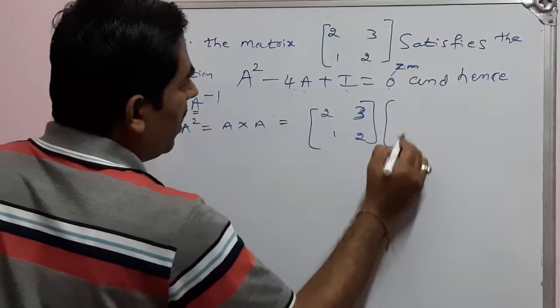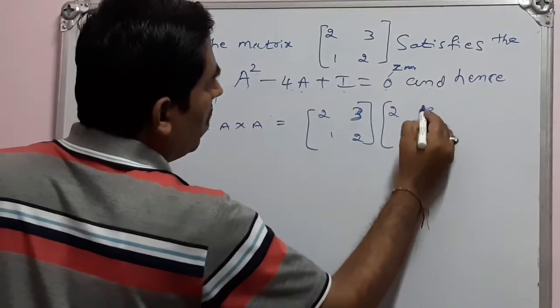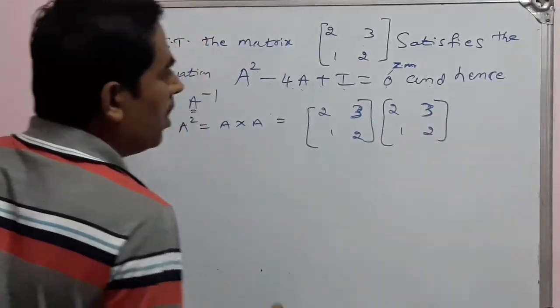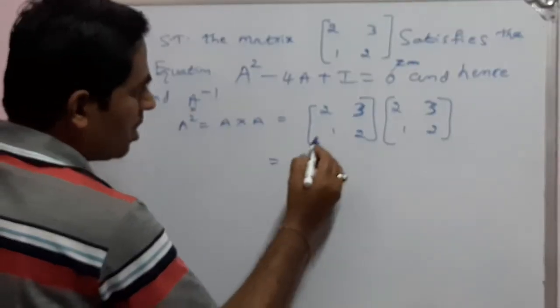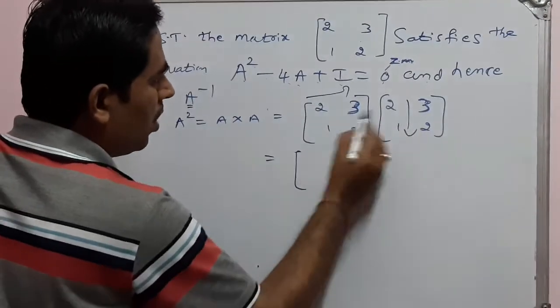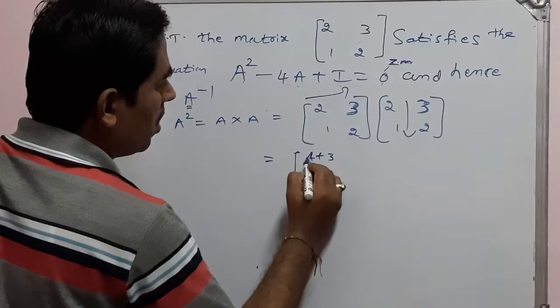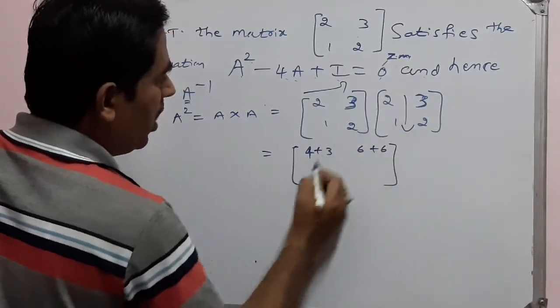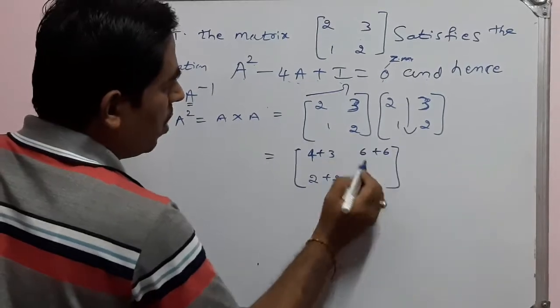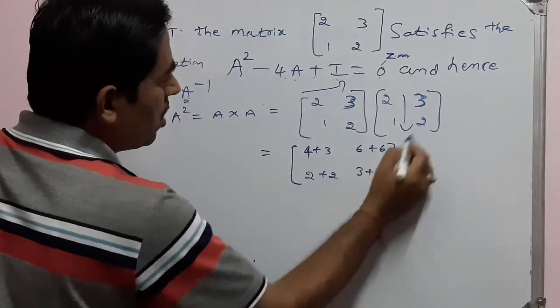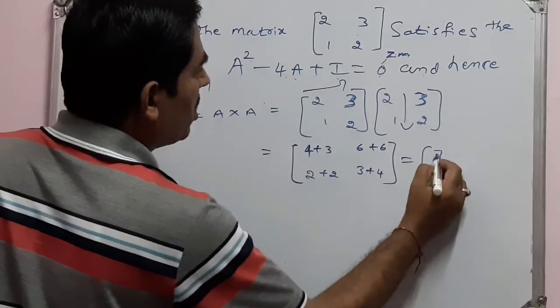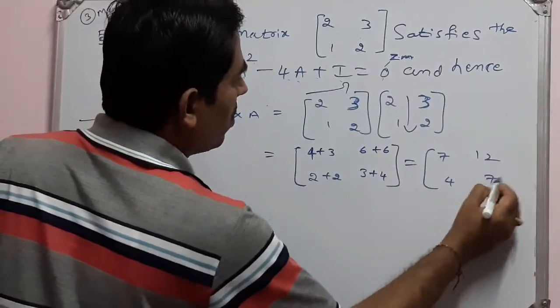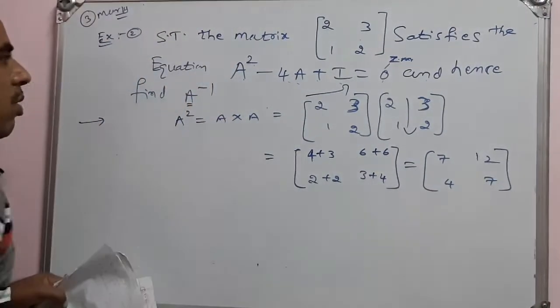You multiply this: first row, first column, 2 into 2 is 4 plus 3, then 2 into 3 is 6 plus 6, then 1 into 2 is 2 plus 2 into 1 is 2, then 1 into 3 is 3 plus 2 into 2 is 4. So this will be 7, 12, 4, 7. So this is A square.